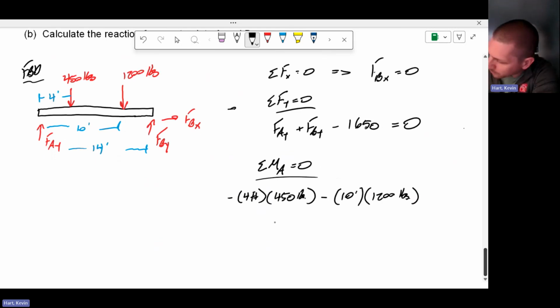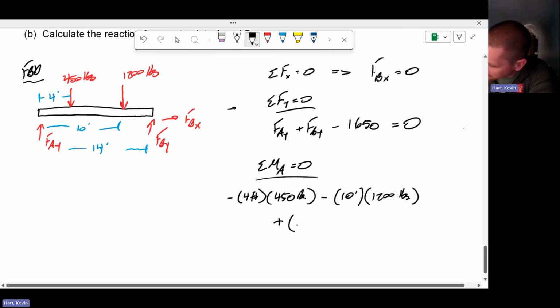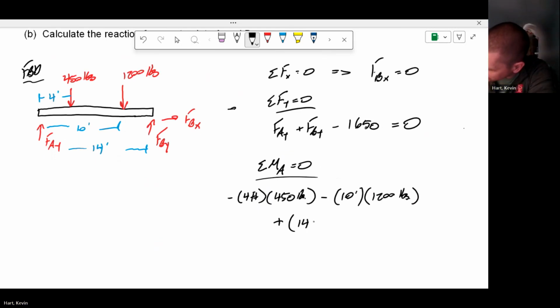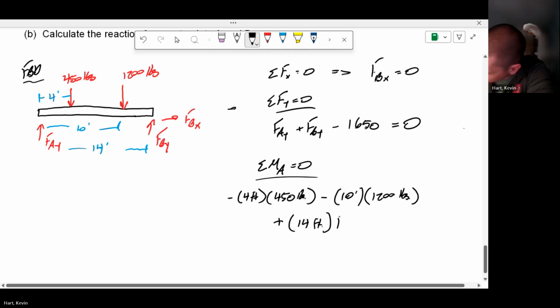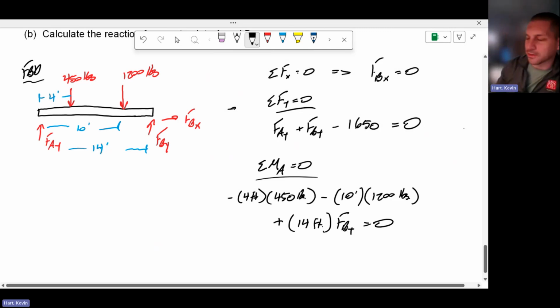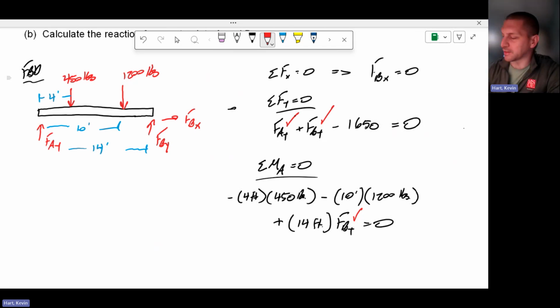And then we're going to have FBY, and this is at 14 feet, equal to 0. I don't have my calculator here with me. You could solve this for FBY, no problem. Once you have FBY, you can solve for FAY. And we're done. So that's that particular example.